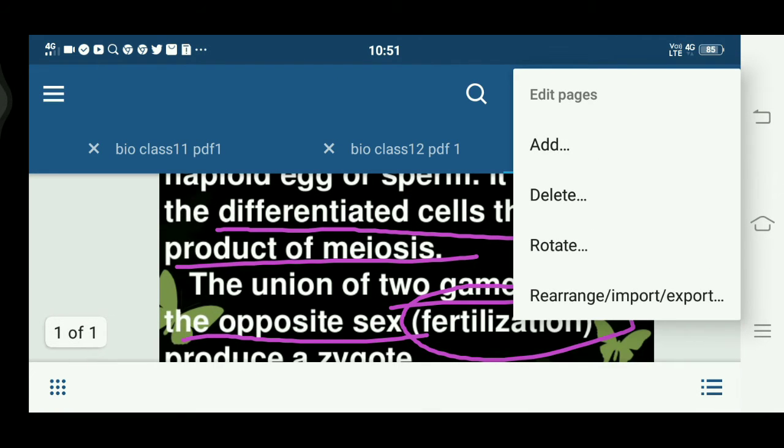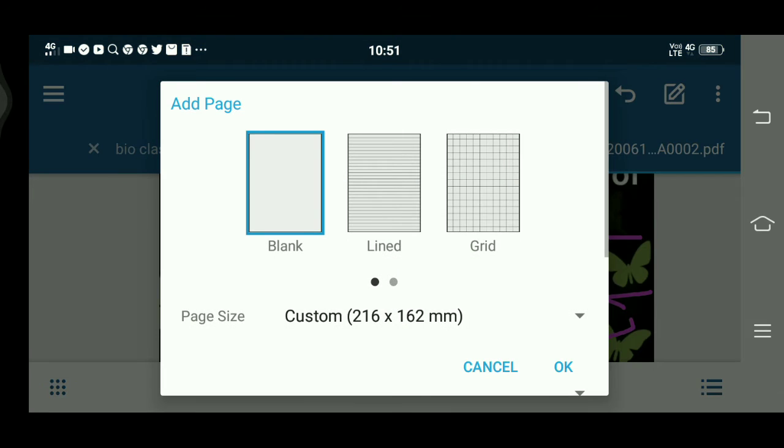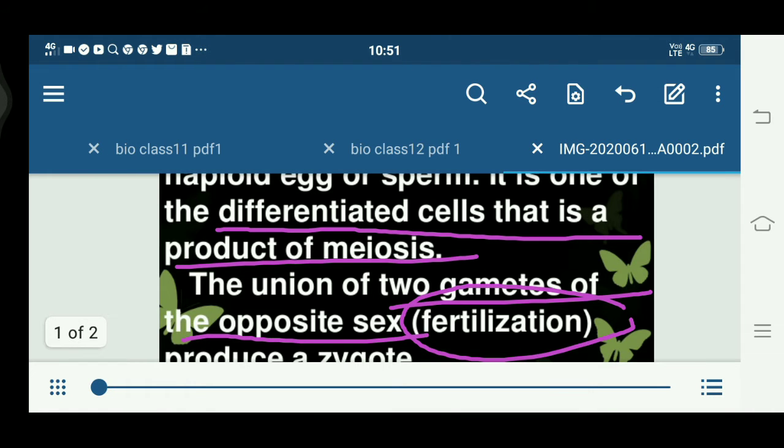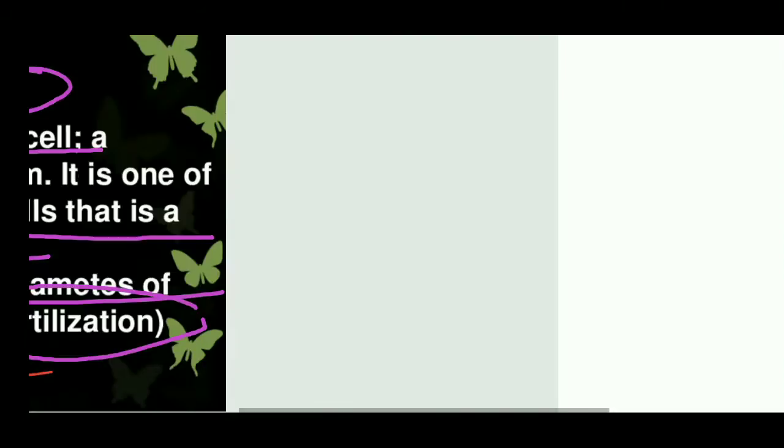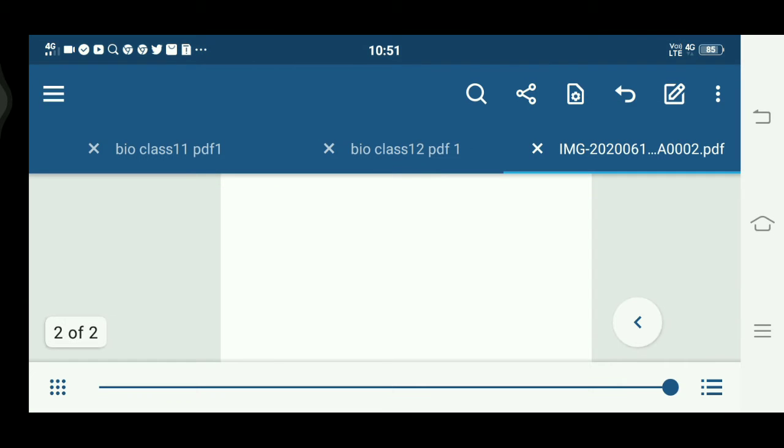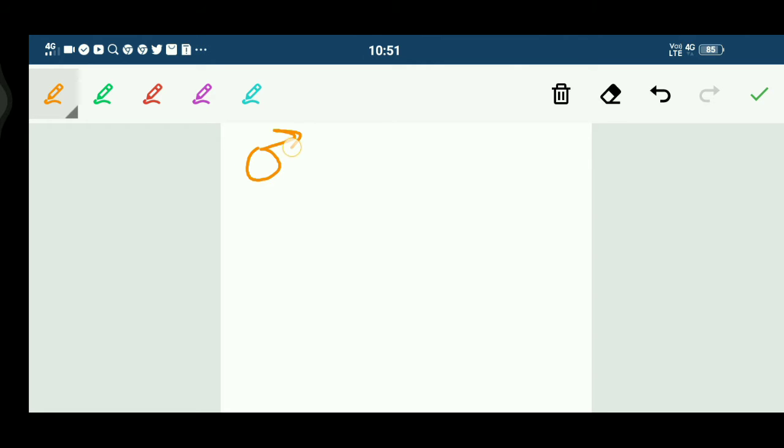I would like to show it to you with the help of a diagram. This one we have is the male and this one is female. Talking about the male gamete, we have sperm, and talking about the female gamete, we have an ovum.